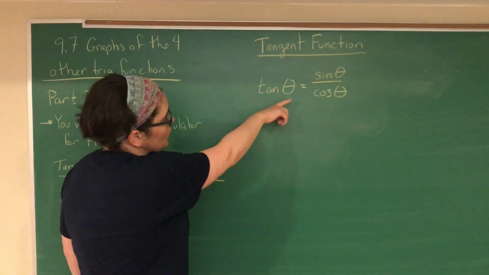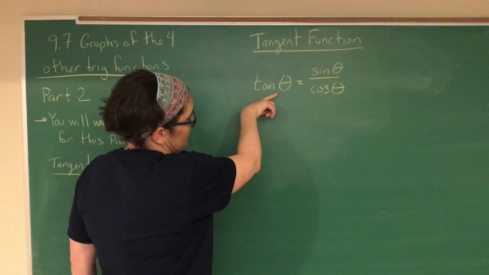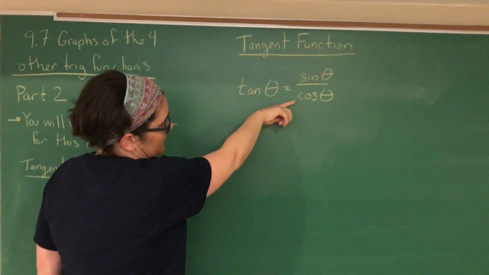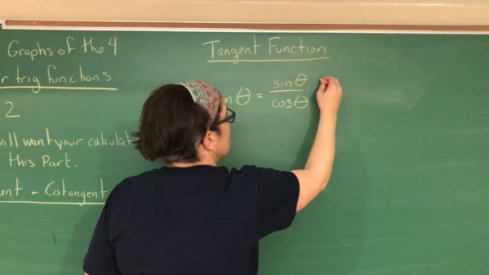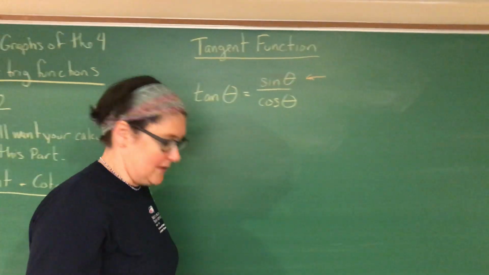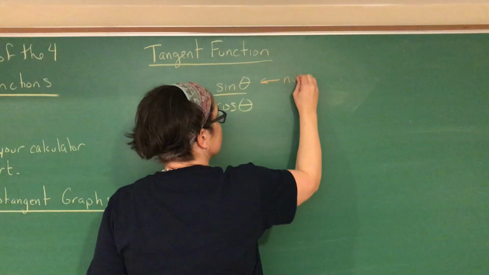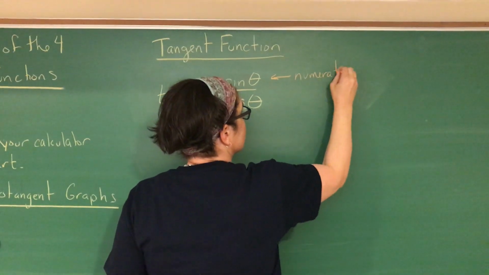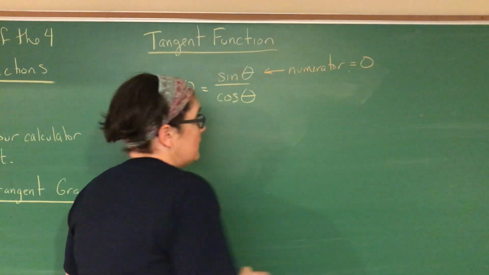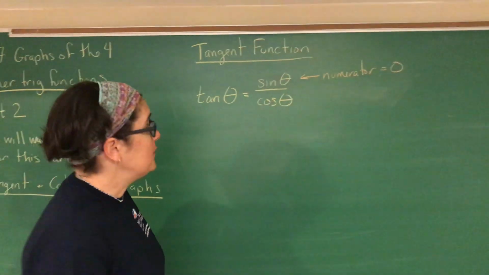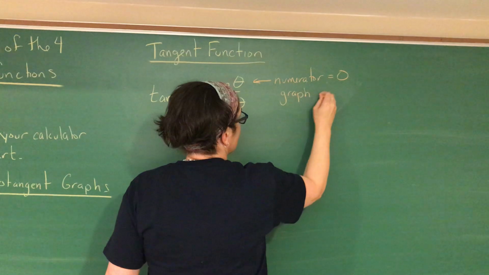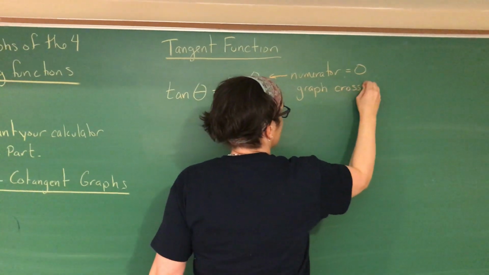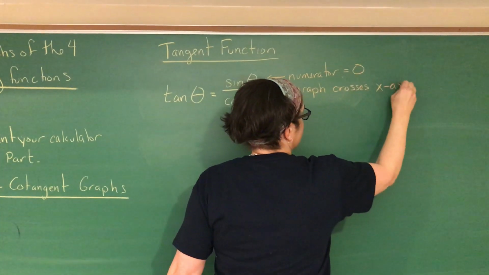Okay? So when I look at tangent of theta in terms of sine of theta divided by cosine of theta, the places where the numerator is equal to 0 are places on the graph where the graph crosses the x-axis.